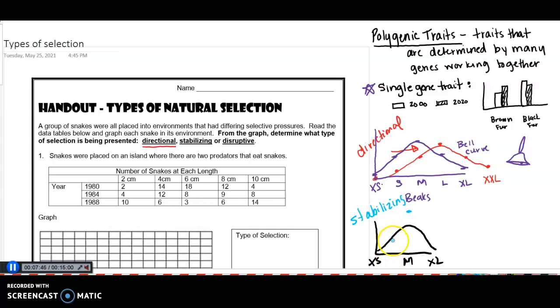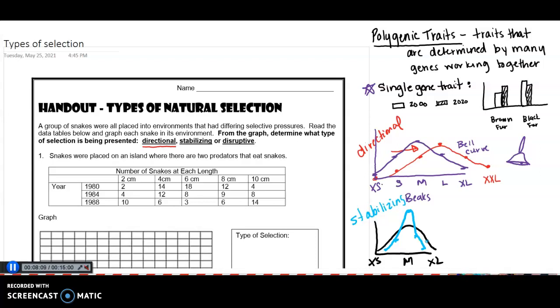Okay? Small does a little bit worse, and we don't even have any extra small. Extra large we don't. We have a few large. And so what happens is we get this narrowing. That's called stabilizing. You're stabilizing that population. Now, in a lot of cases, you think, oh, this is great.